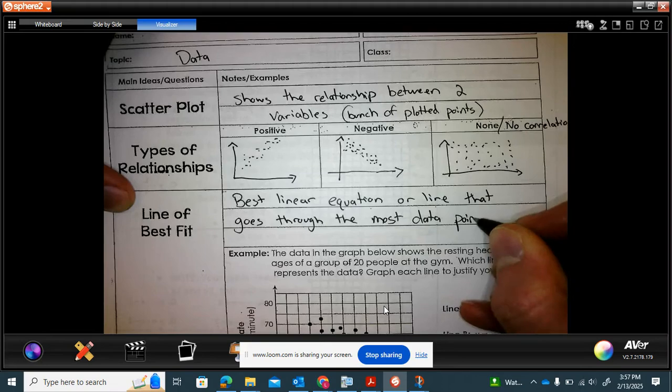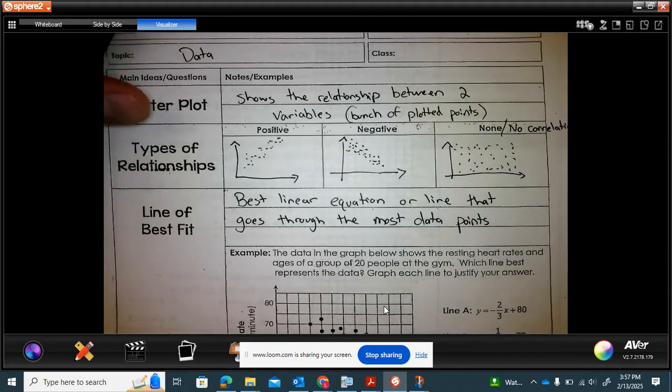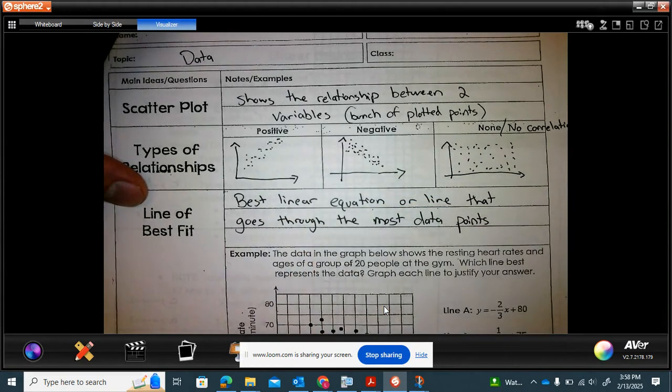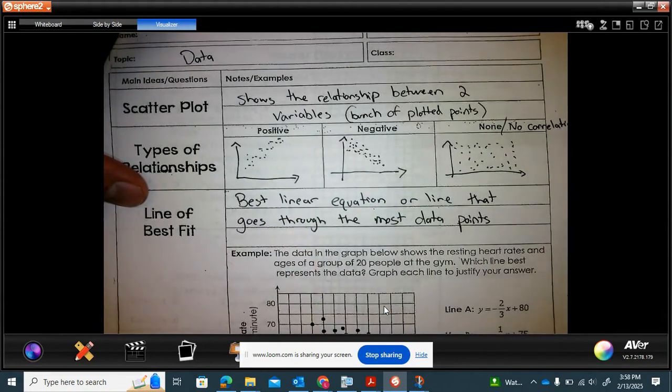So what do I mean by best? I mean, if you were to draw a line, the line that goes through the most points would be the line of best fit.